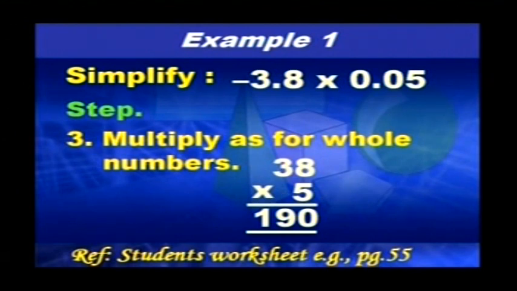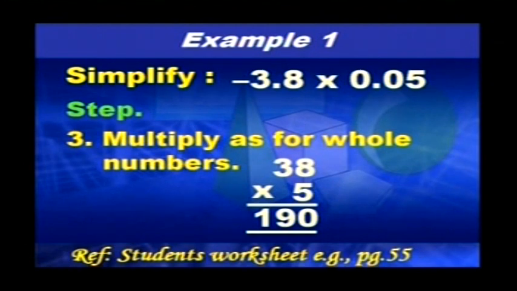When I say whole numbers, negative 3.8 will be written as 38, and 0.05 will be written as 5. So they are whole numbers. It is easy to multiply decimal numbers when you ignore the decimal point and multiply them as whole numbers.